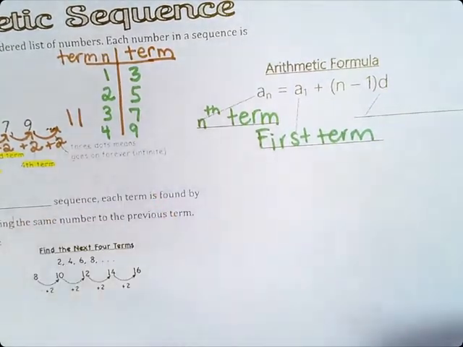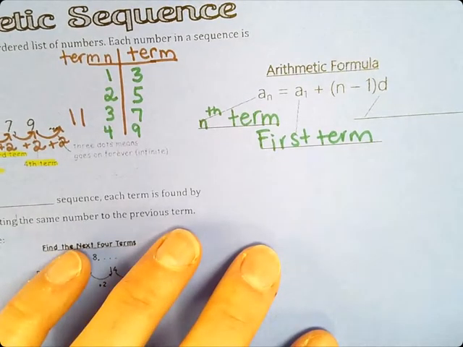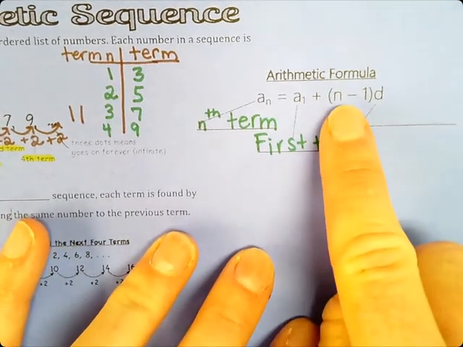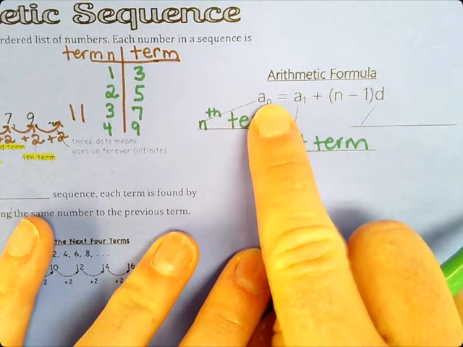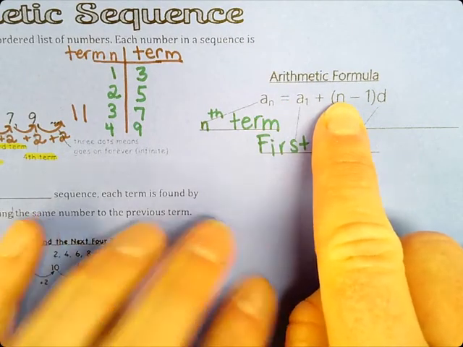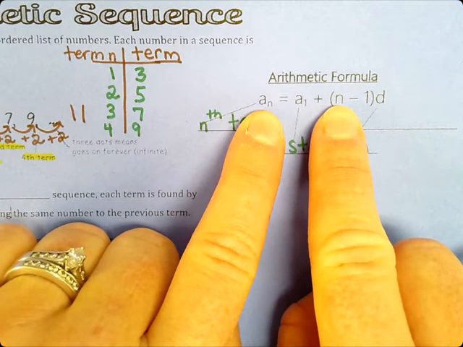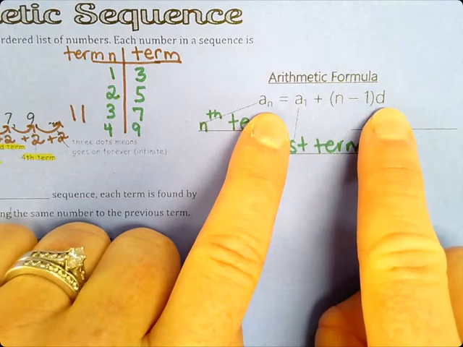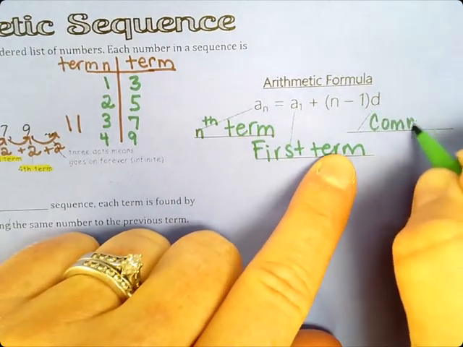The first term we're talking about is of the sequence, the first number that's listed in the sequence. And then N is whatever is here. Like if it's 50, then we put in 50 here. This is like matching, like f of x, and we have x, then those numbers will match each other. And then D is the common difference or the pattern.